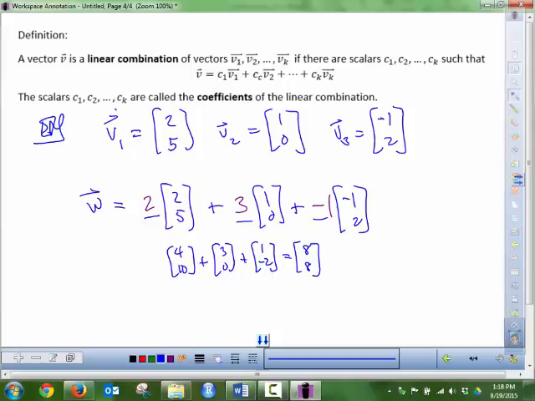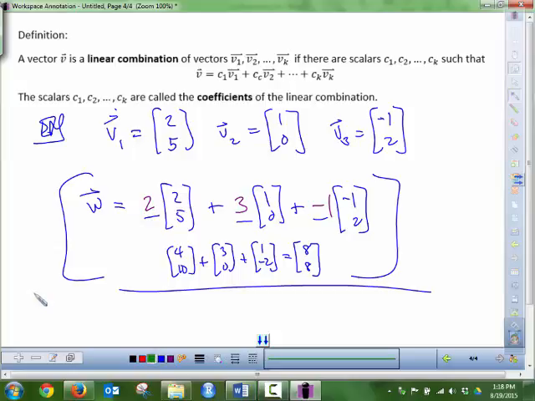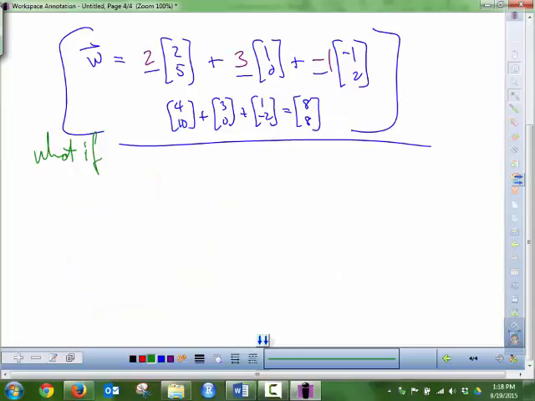The more interesting approach to studying linear combinations is usually that you're given a vector and you would write the linear combination, saying 8, 8 is a linear combination of v1, v2, and v3.